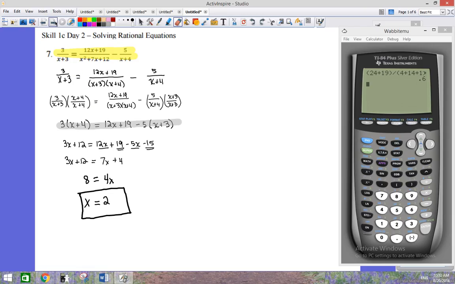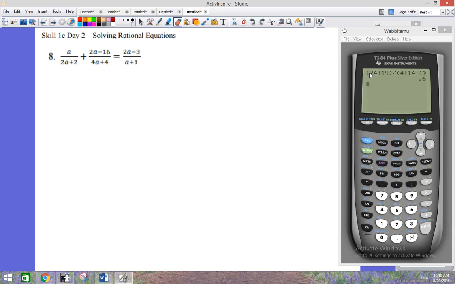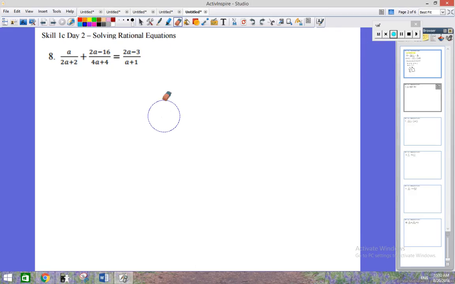Alright, let's take a look then and see if I can mess up problem number 8. I need to factor my denominators here. So in the first one here, I see a 2 appearing in both of those places. So I'm going to factor out the number 2.